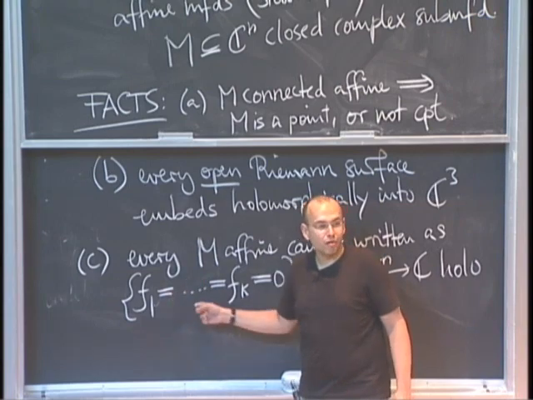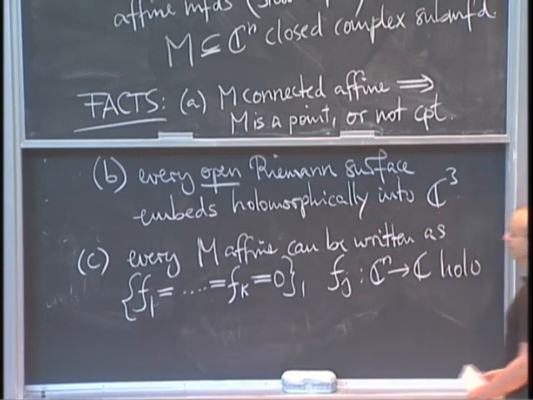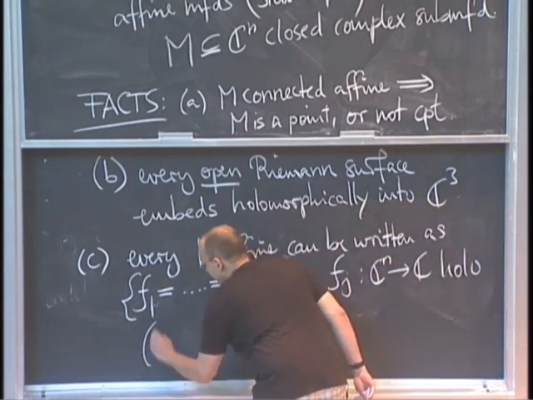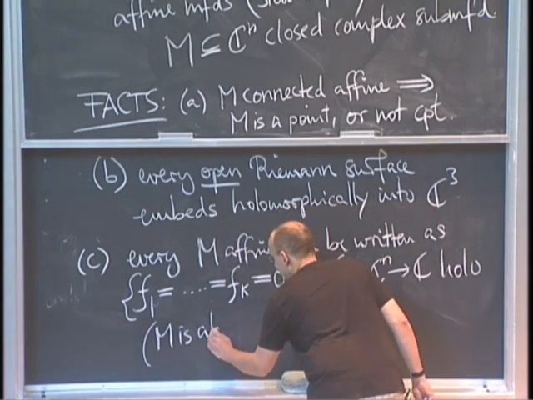So you might need many more functions than n minus the dimension of M to achieve this. We say that M is algebraic if these functions can be taken to be polynomials.